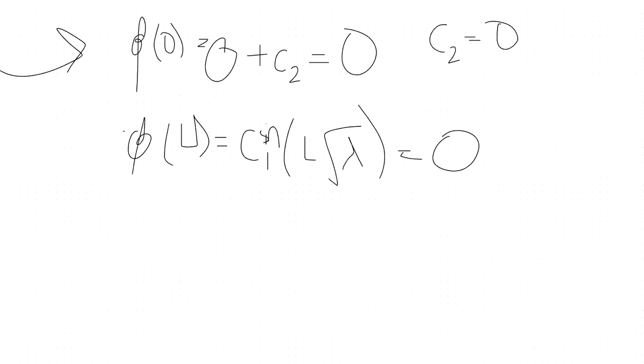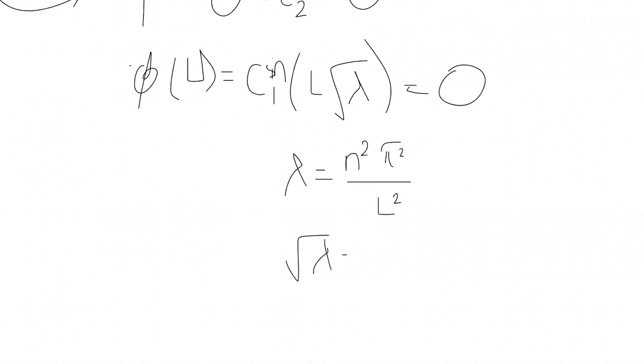And we know from solving this that lambda has to equal n squared pi squared over L squared. Or in other words, the square root of lambda, as is written in there, has to equal n pi over L for any integer n. Cool.